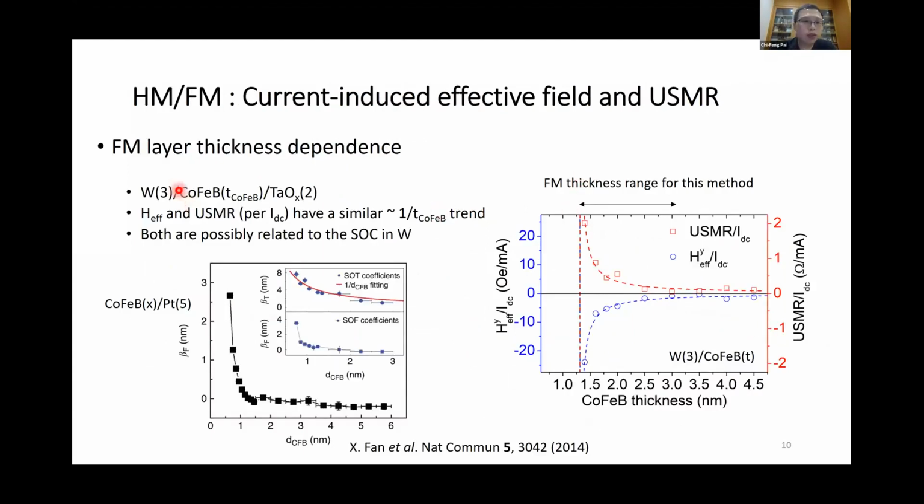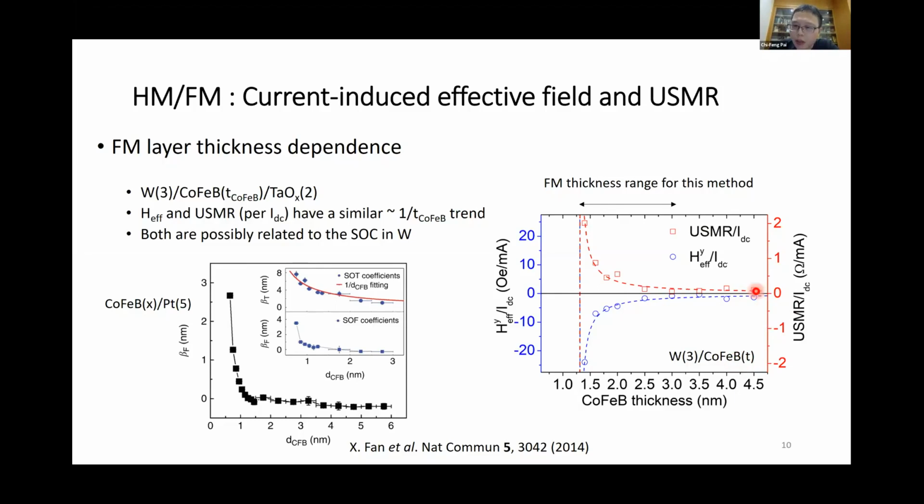So we also did thickness-dependent measurements on these 2 effects. We found that this effective field and this USMR per current density have a very similar 1/t trend, as shown over here. This is from the tungsten/cobalt-iron-boron sample with different cobalt-iron-boron thicknesses.